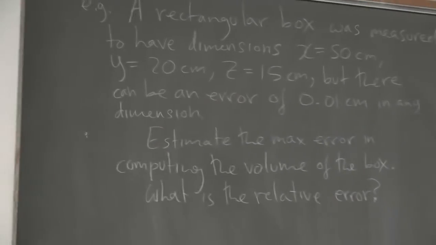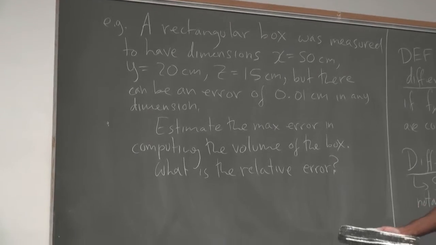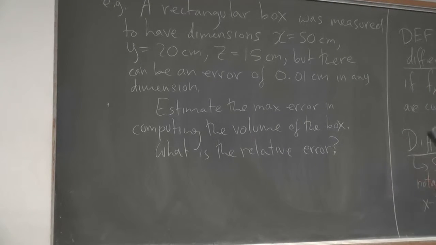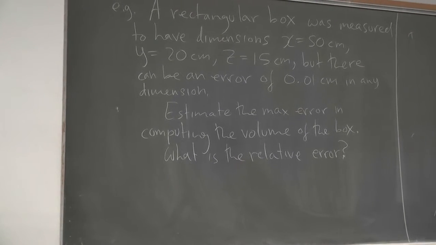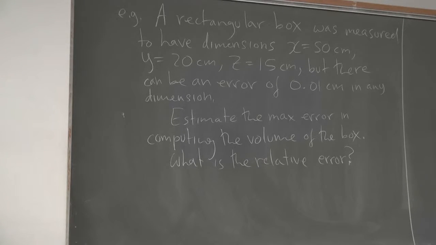And you can sort of think of the differential as giving you the error in something, right? The error in measuring z. This is the change in z, how much z changes from what its original value was. So you can pretend that you gave these dimensions to a guy to make a box, but he's farsighted, and he cuts the lengths of the pieces in the wrong order. It could be off by as much as 0.01 centimeter.